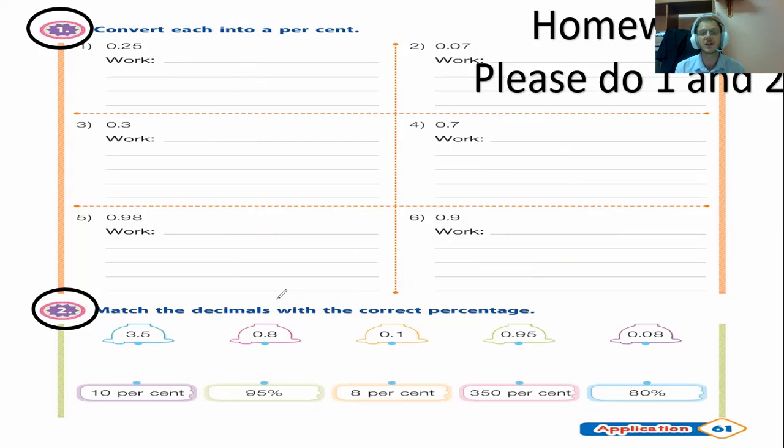We have to convert it into the same, either a decimal or a percentage, so that from there on we can match them together. So we'll start with the first one over here, 3.5, and I will show you this one on the whiteboard. So 3.5 multiply by 100.